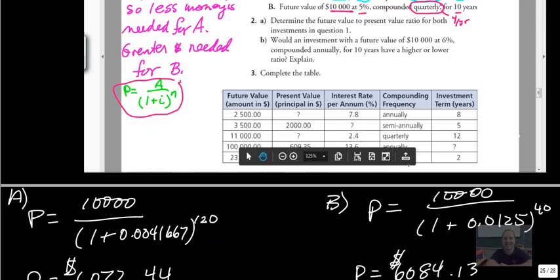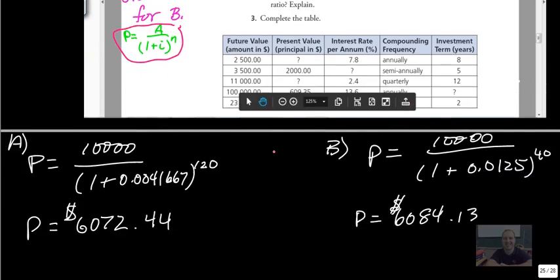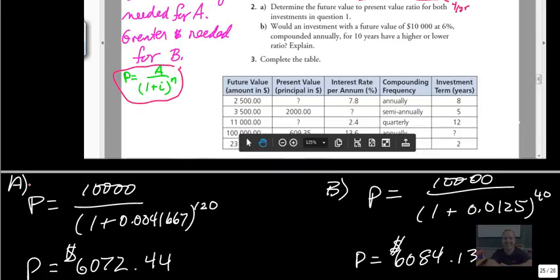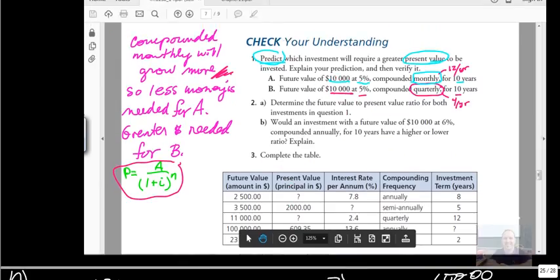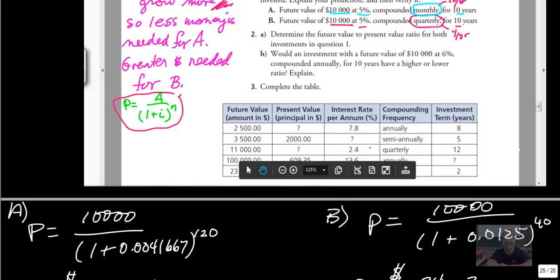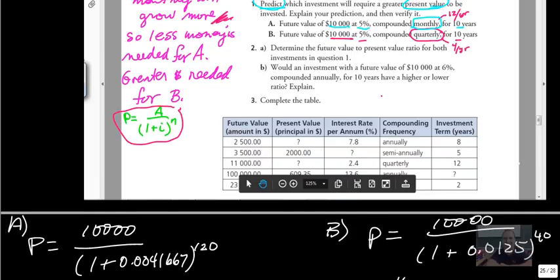If we work out this problem down here, we put all the values in for A and for B. Again, future value, 5% compounded monthly, so that gives us an i value of 0.05 divided by 12. And over here, it's 0.05 divided by 4.